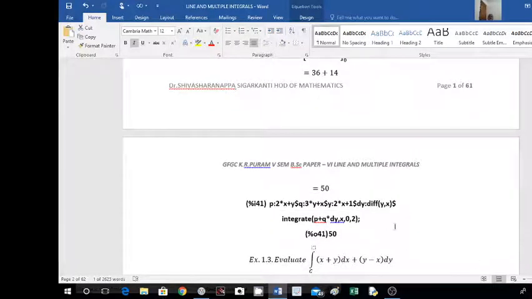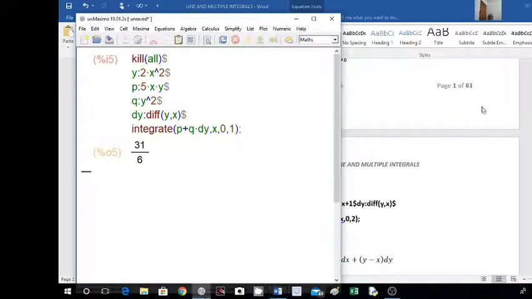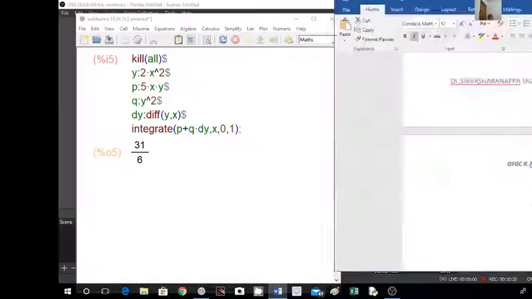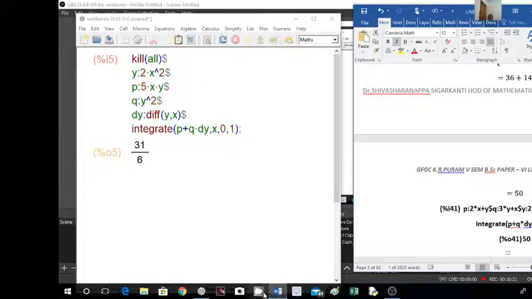Now here we can verify this result with maxima, right? Again I will go to maxima here. What is my y here?